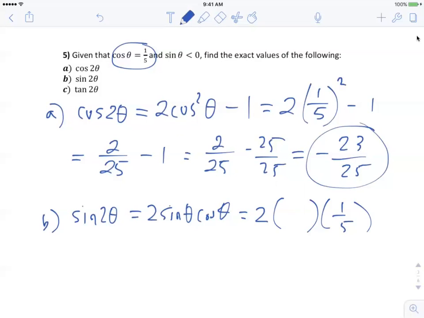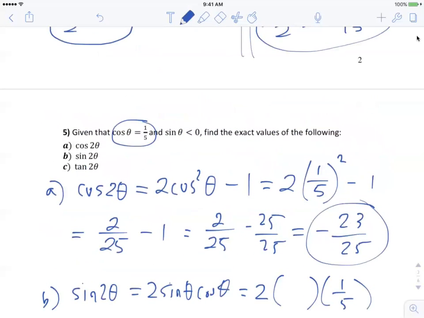What I do is a quick drawing. If cosine is positive, but sine is negative, that must mean you're down in quadrant 4. So 1 and 5 is the cosine. Find that y value to figure out the sine.